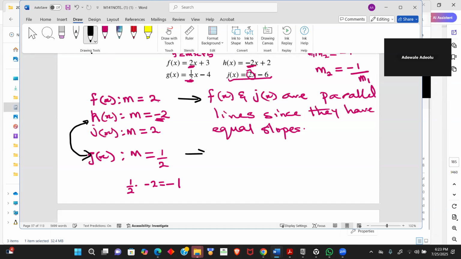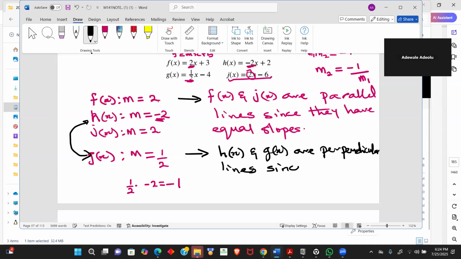So another conclusion is that h of x and g of x are perpendicular lines. Why? That is not enough to just conclude that. You need to give reasons.